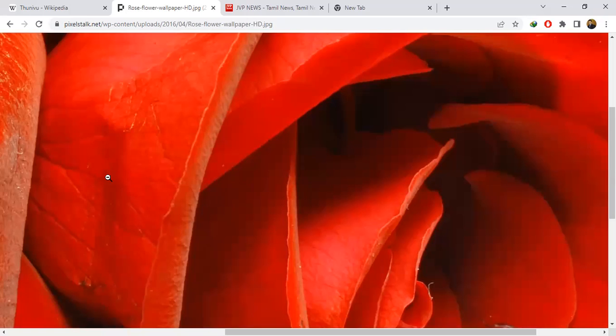Understood? So higher resolution will give higher clarity even under higher magnification. Understood? So if the resolution is low and you magnify, what will happen?